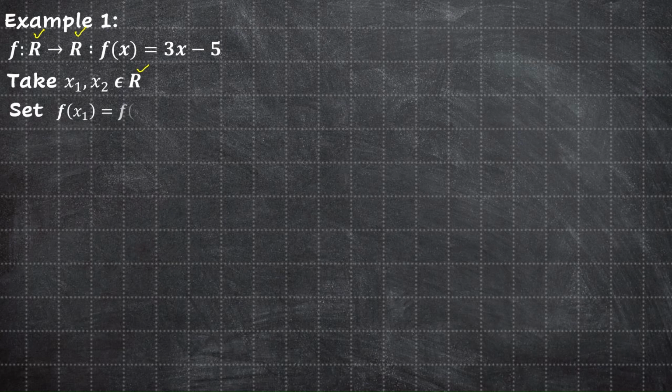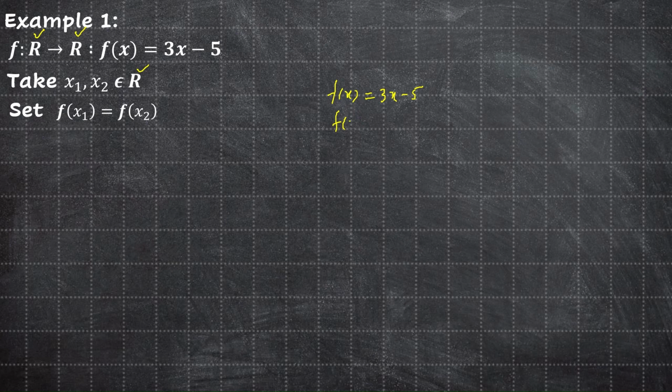The example 1 is, we take a function f from R to R defined by f of x is equal to 3x minus 5. Now we take two elements x1, x2 belonging to domain R. Here domain and codomain of the function is set of real numbers R. Now we set f of x1 is equal to f of x2 as we are given f of x is equal to 3x minus 5.